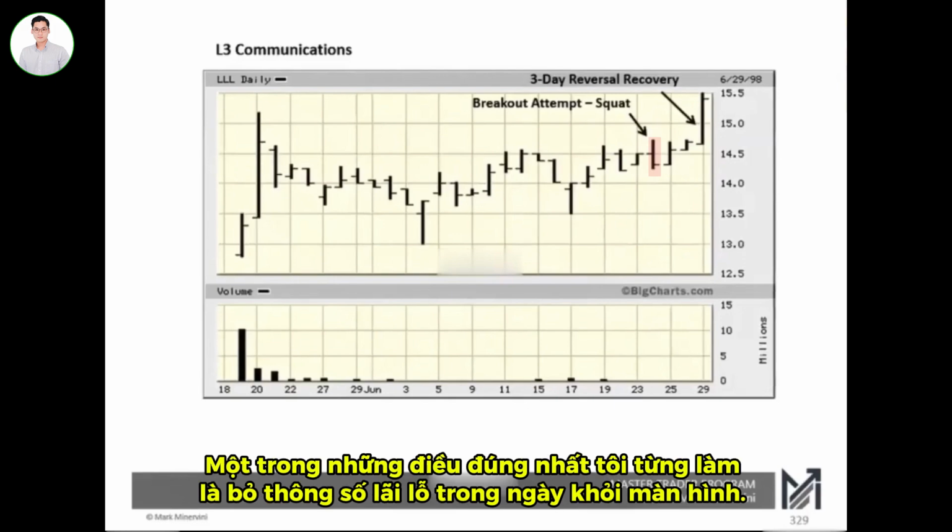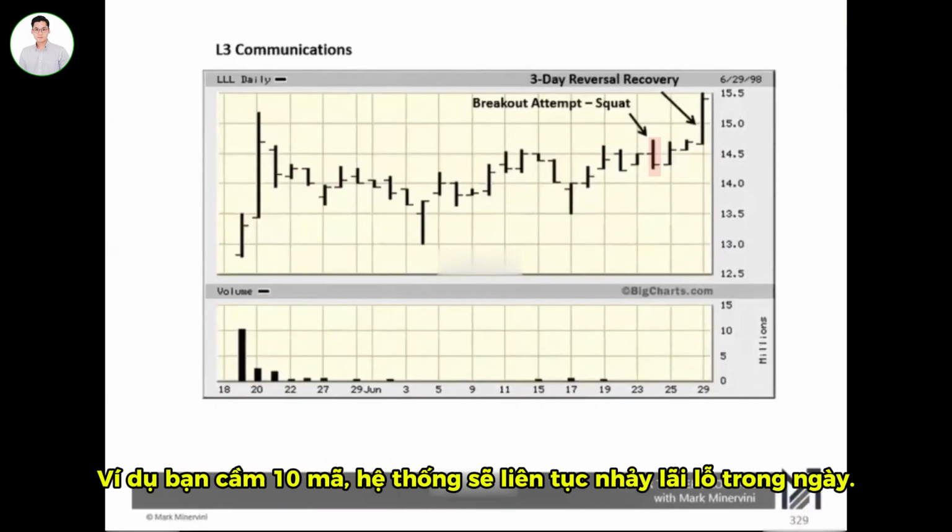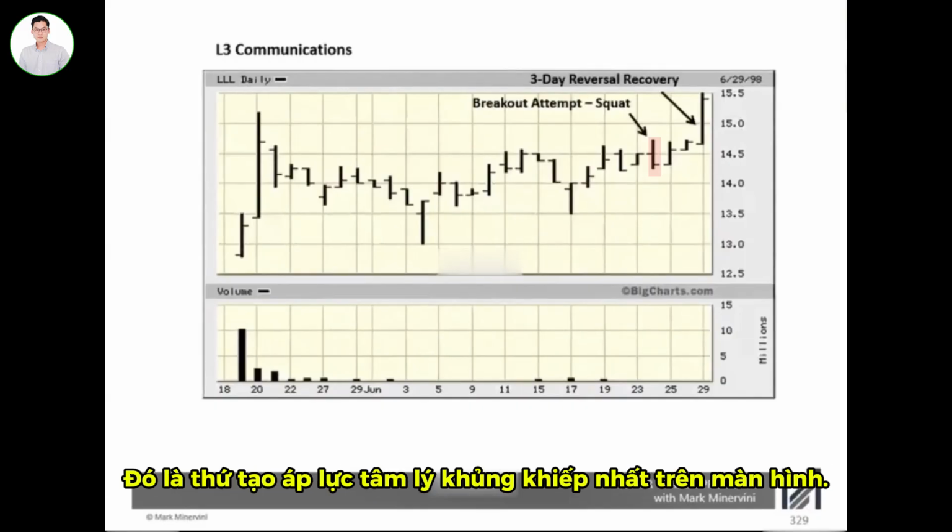One of the best things I did many, many years ago, and some of you probably still have this today, is you keep that little box on your screen that shows your total gain or loss for the day. So if you have 10 stocks, it's going to calculate and say you're up or down, let's say $3,000, and that thing just ticks away.